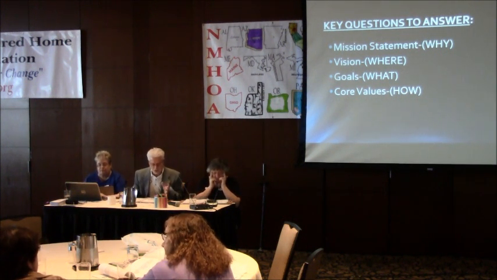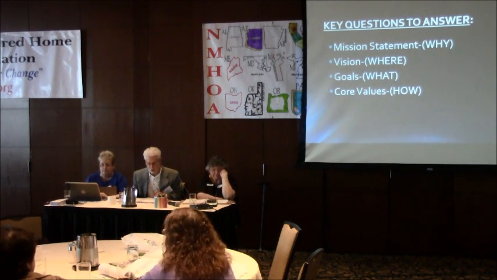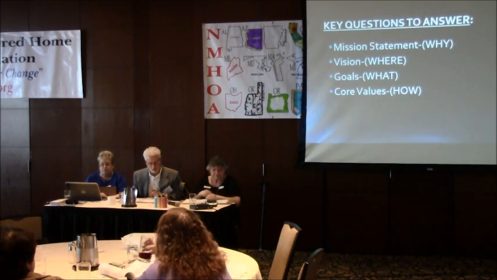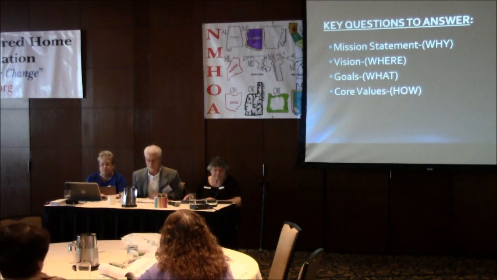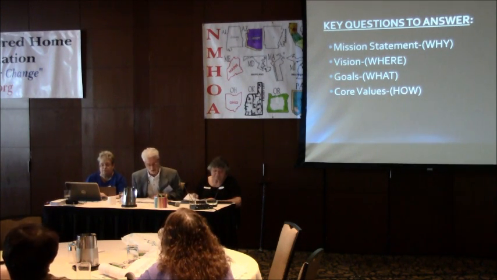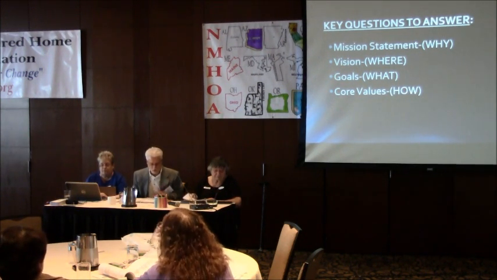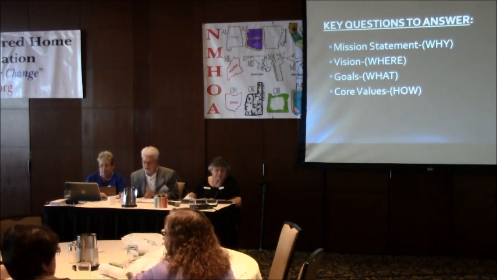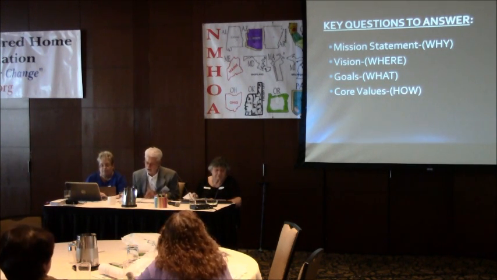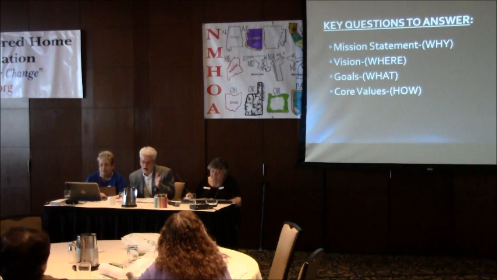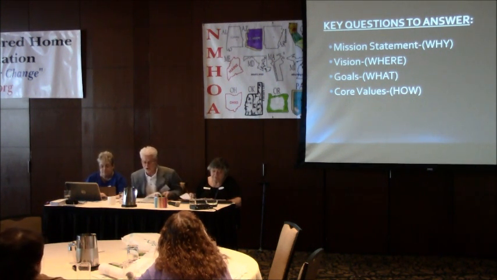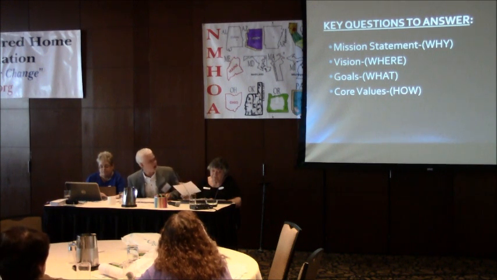Goals answer what we need to do to get where we want to go, to close the gap between current reality and our vision. Core values answer how we will treat each other and our constituents. And we have a handout, or we'll have an attachment, that answers 20 questions for strategic planning.